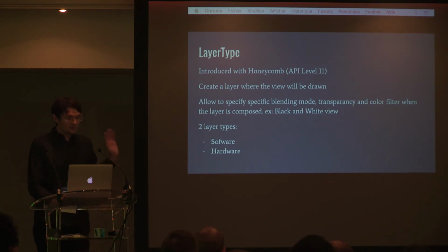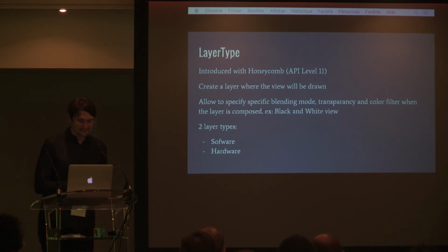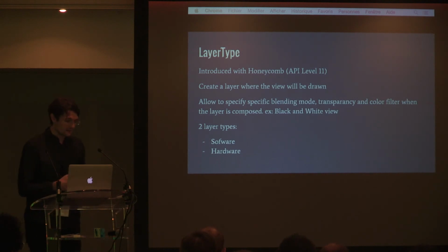There are also some specific things, like you can do a black and white view using a layer type, using a composition matrix. So, as I said, it's something more than disabling hardware acceleration.